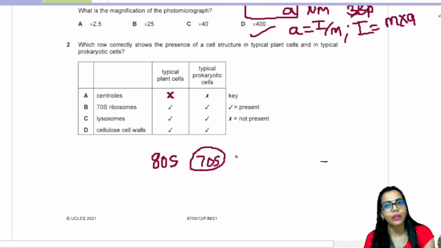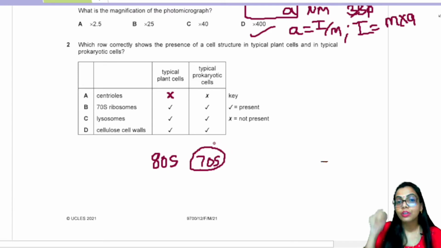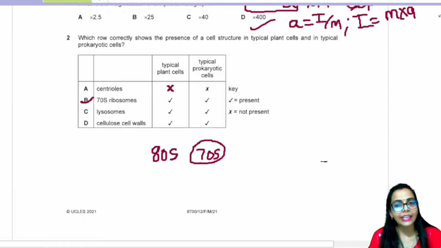The chloroplast and the mitochondria have their own ribosomes of 70S type, and their own circular DNA. So while writing the answer, focus on each and every line. A typical prokaryotic cell contains 70S ribosomes, so B will be the correct answer. I hope you are liking the session.